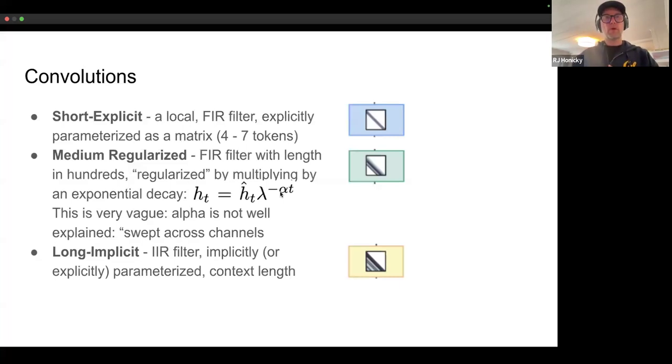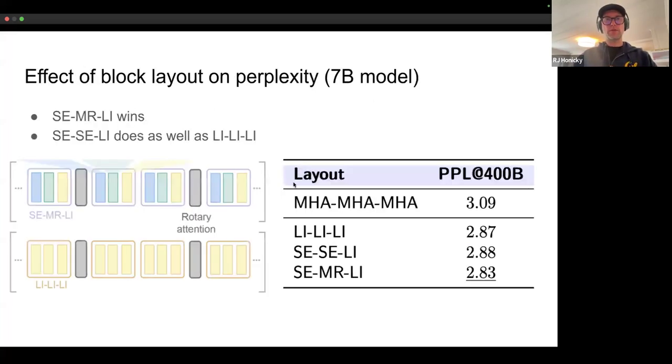Okay, so basically, this is kind of an ablation. They studied multi-head attention: if you make these all multi-head attention and train for 400 billion tokens, you get a perplexity of 3.09.